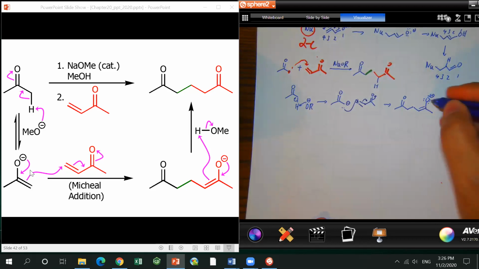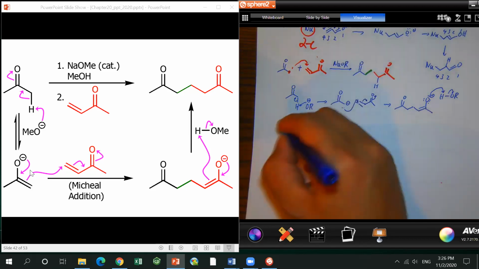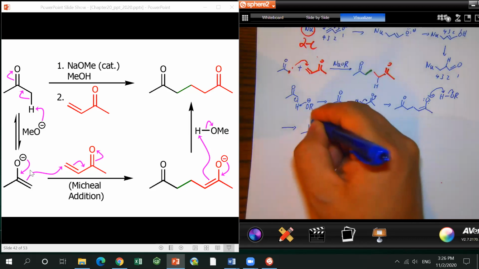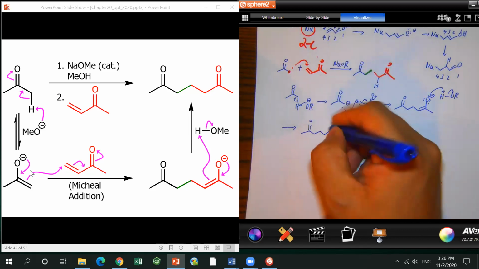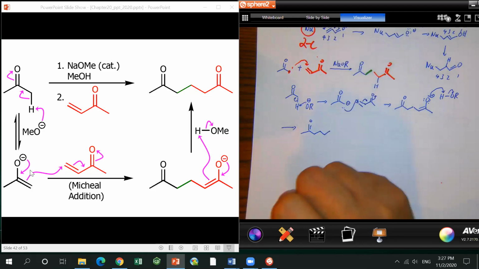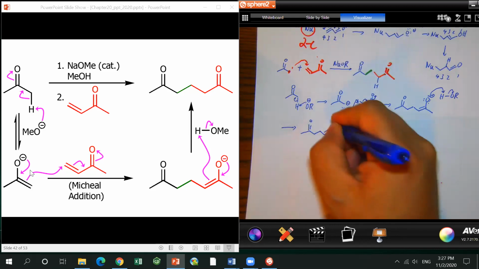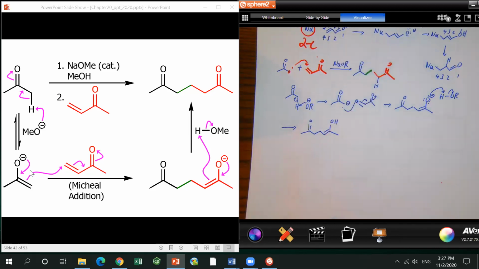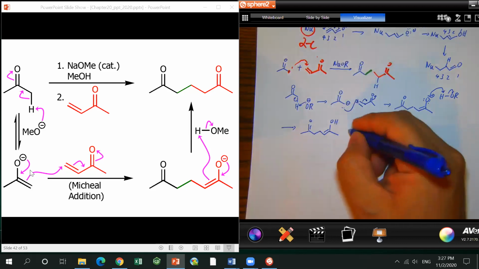This reaction is normally done in alcohol solution, so this O minus picks up a proton from alcohol and gives you what we call the enol. The enol can quickly tautomerize to the ketone. That gives you the final product.